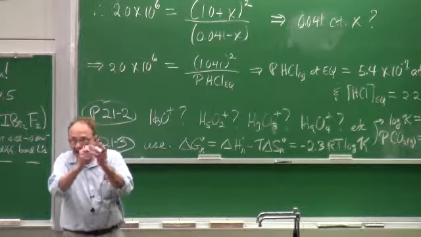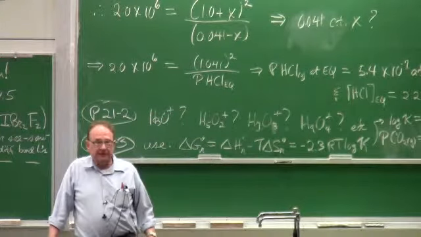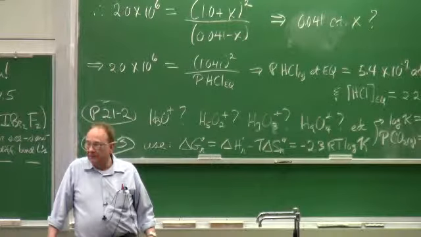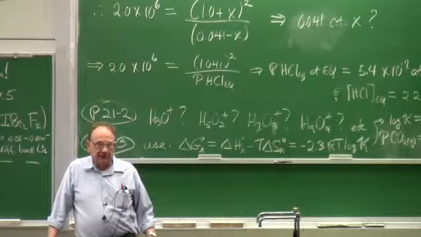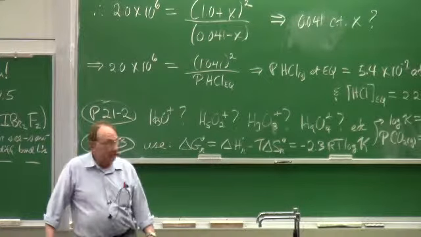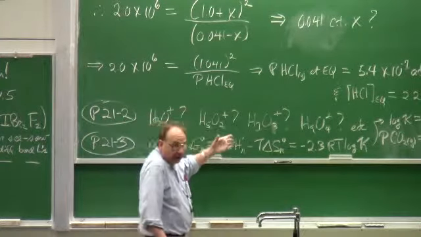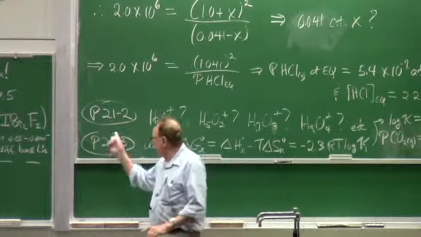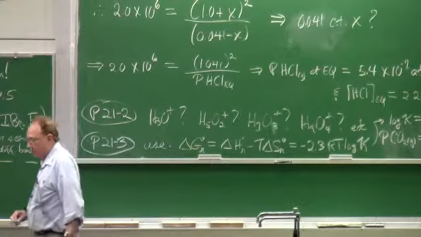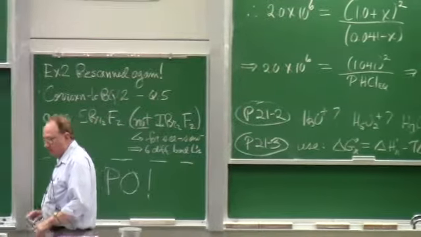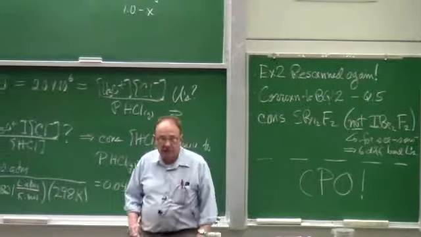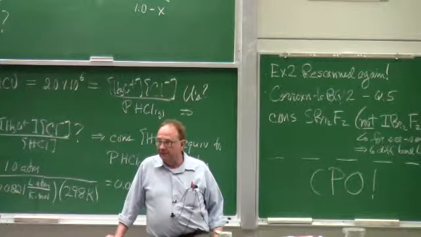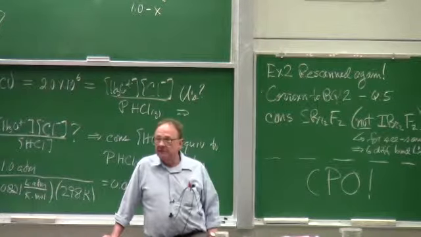I mean, here's H plus with this huge positive charge density. So will it, on a time average basis, have 2 water molecules stuck to it, which gives us this, 3 water molecules stuck to it, which gives us this, 4 gives us this, or only 1, that's the hydronium ion?